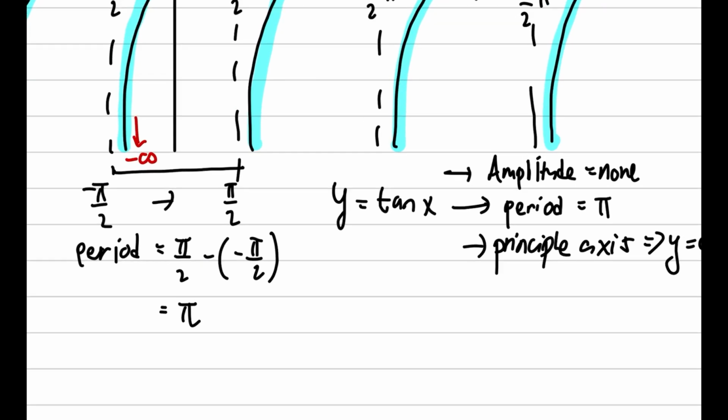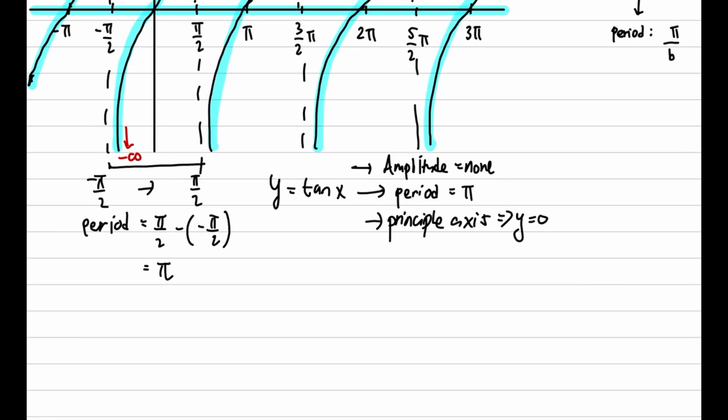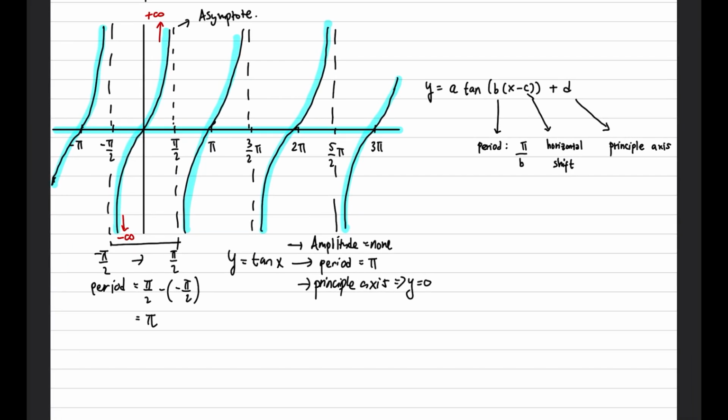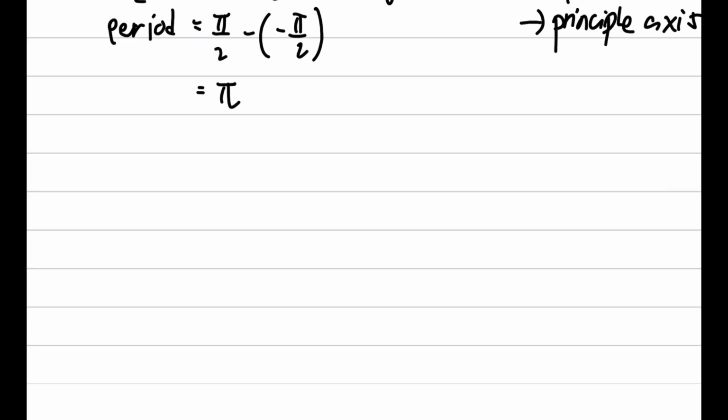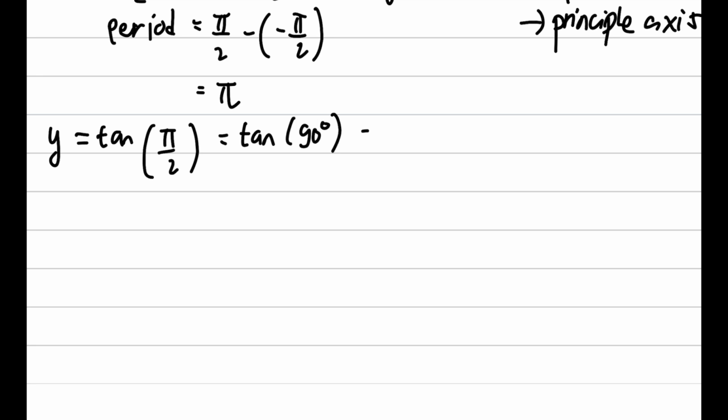Why is that? Because if you see the asymptote, let's say I take one asymptote, it's pi over 2. What happened with pi over 2? If we substitute the value of pi over 2 into our function, y equals tangent pi over 2, or maybe you're more familiar with degrees, which is 90 degrees, it equals sine 90 degrees over cos 90 degrees.